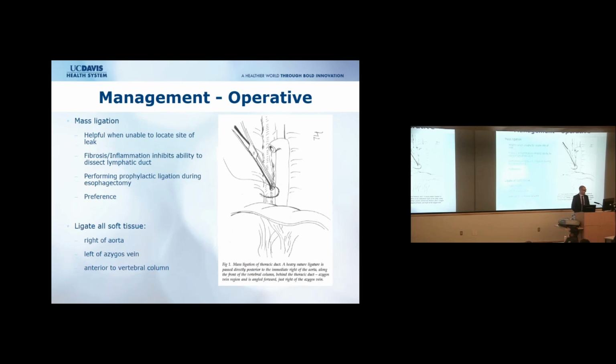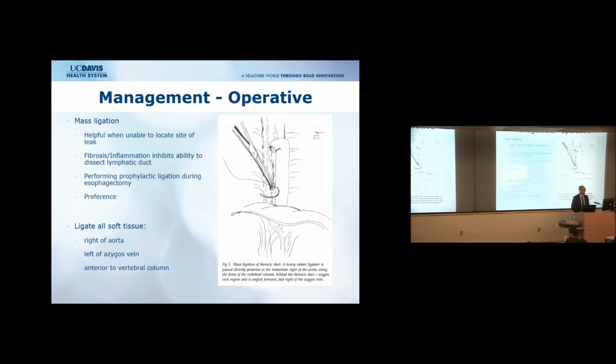As far as mass ligation, it's helpful when you're not able to locate the site of the leak. Fibrosis and inflammation, as I mentioned, also inhibit the ability to dissect the lymphatic duct and ligate it directly. There are two schools of thought as to whether a prophylactic ligation during esophagectomy is useful.